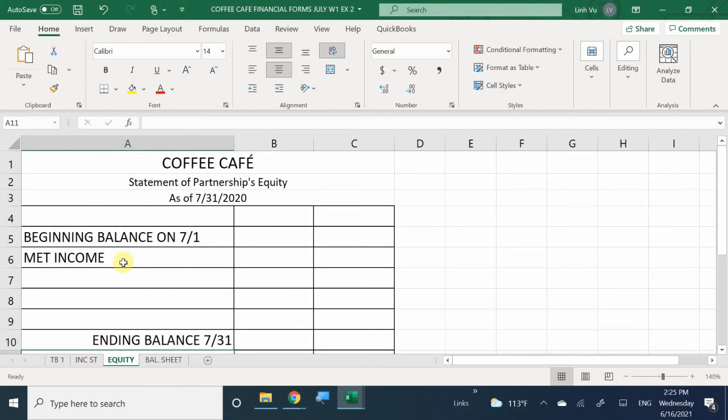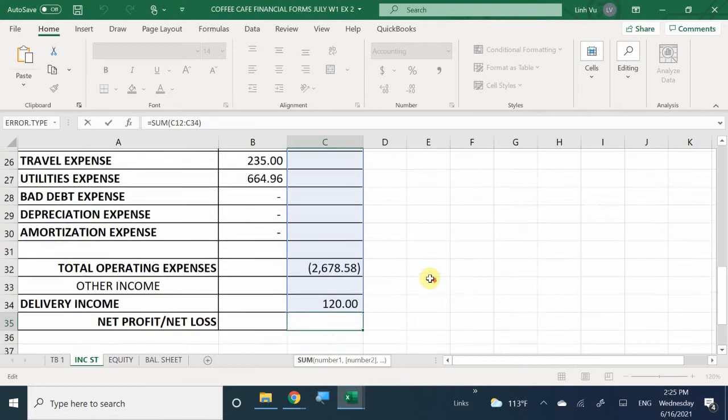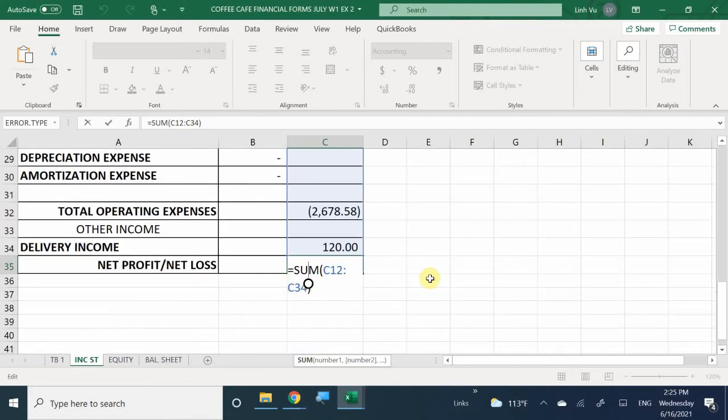All right. What was the formula for your net profit, Lynn? It's equal sum. $15,051.02.